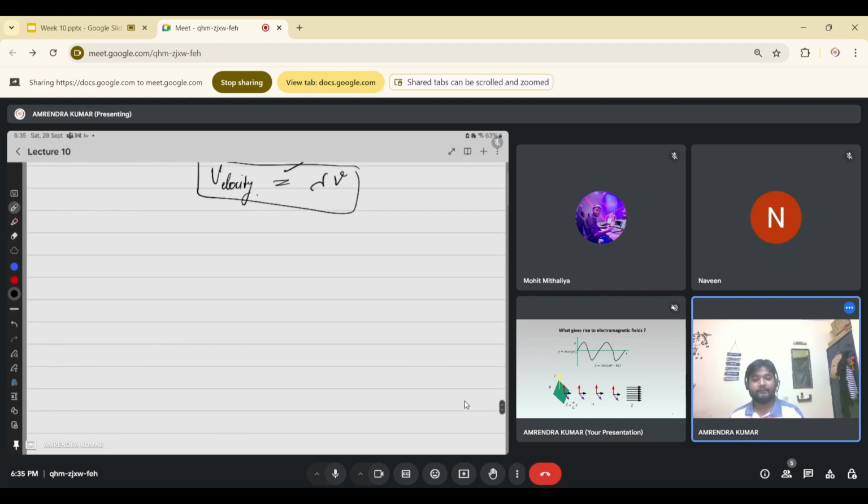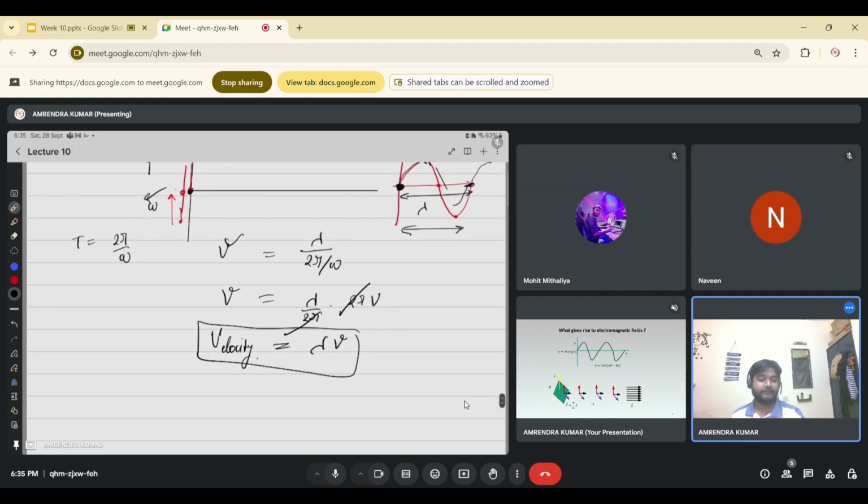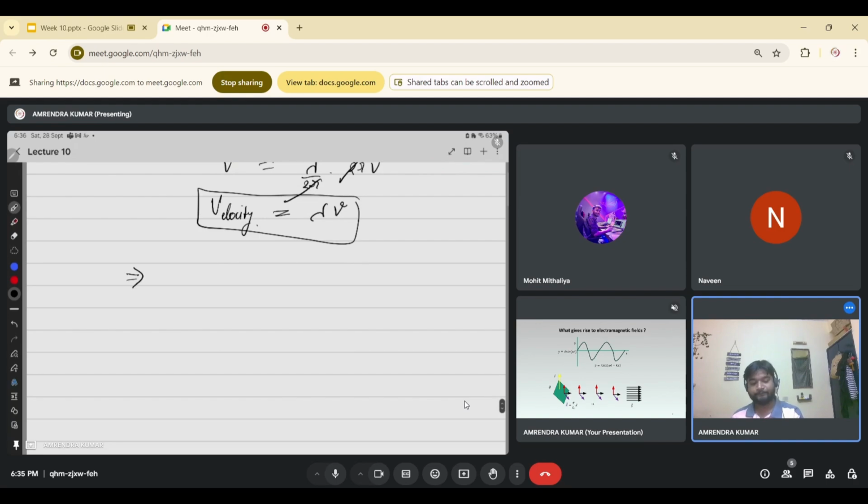If you write this equation, it can be written for this kind of motion as some amplitude A sine of kx minus omega t.